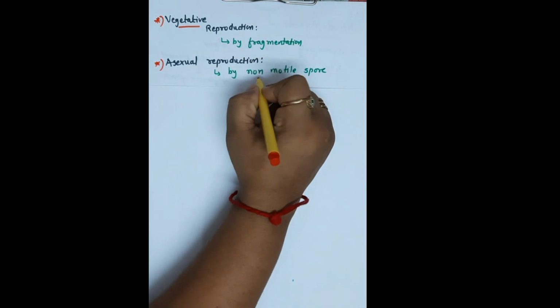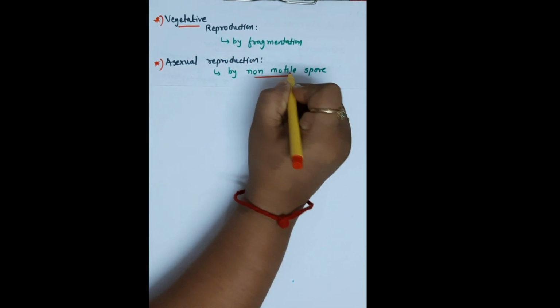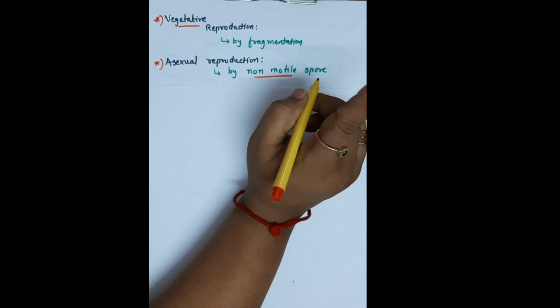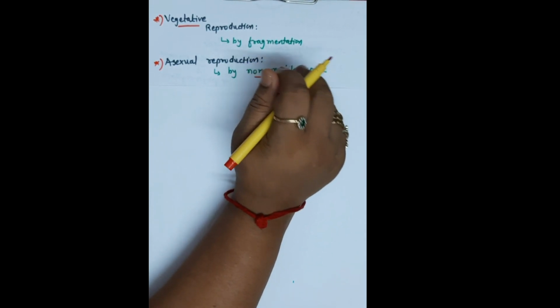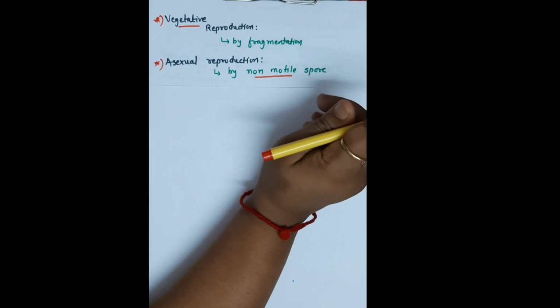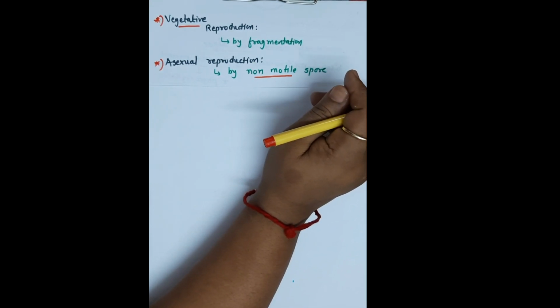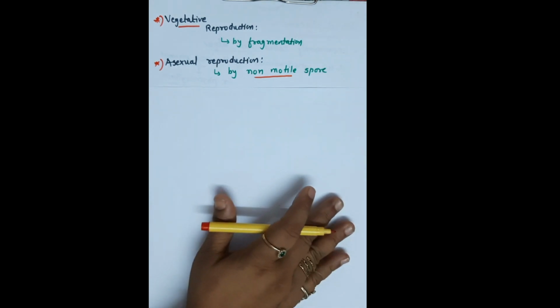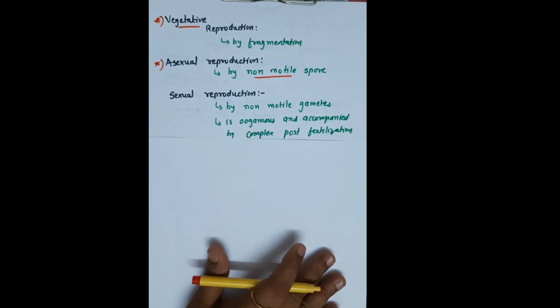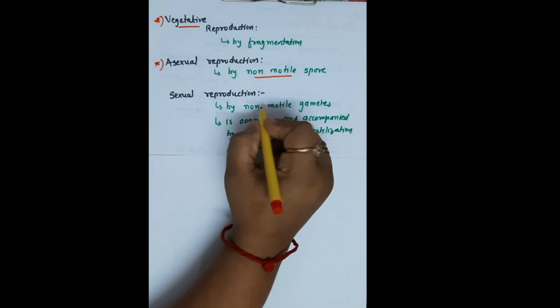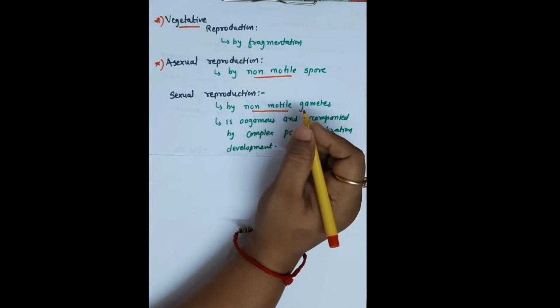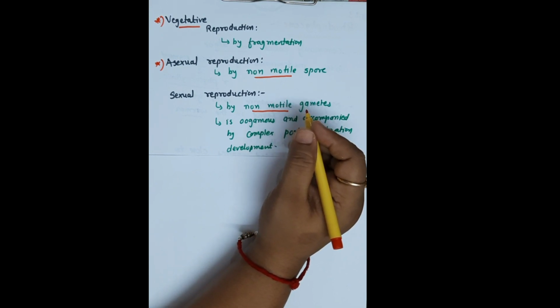Asexual reproduction, most important, is by non-motile spores. देखो यहाँ पे spores non-motile हैं, that means flagella are absent. And sexual reproduction is by non-motile gametes. So this is the most important thing to remember in Rhodophyceae, that flagella are absent.